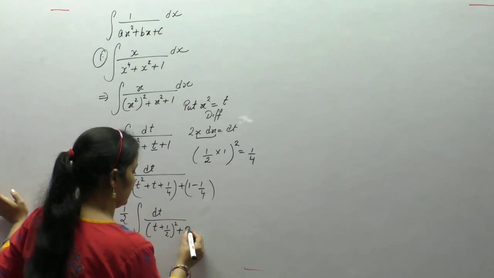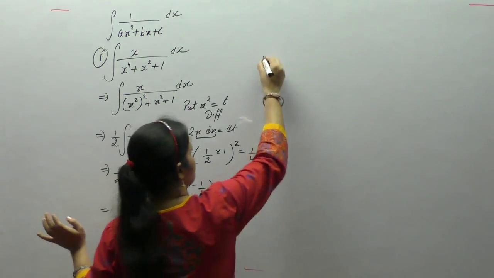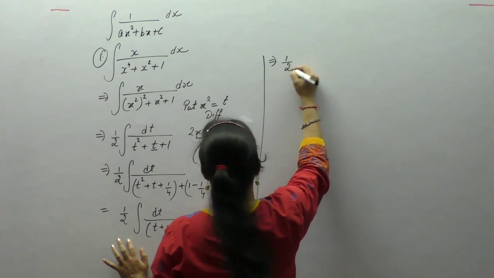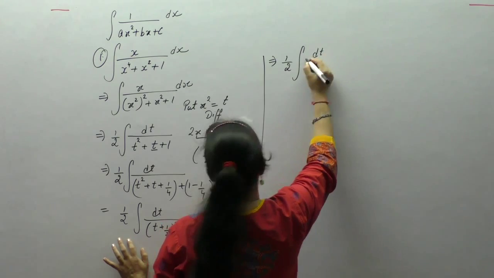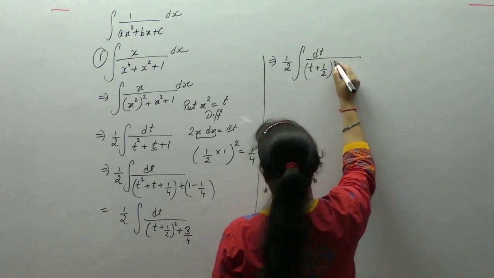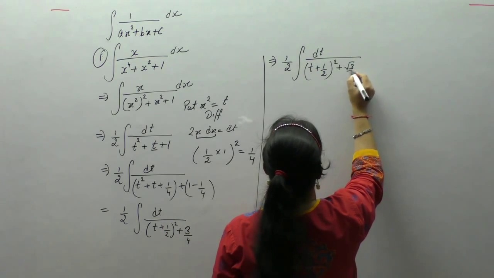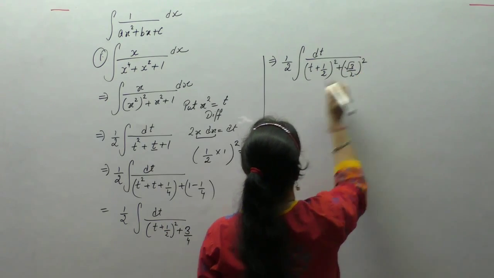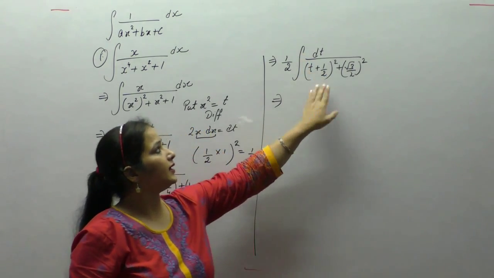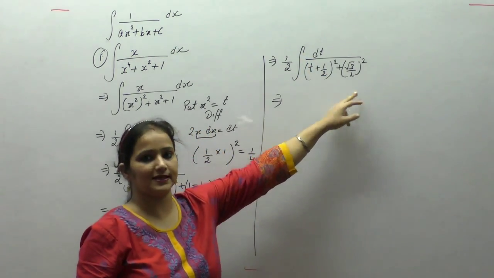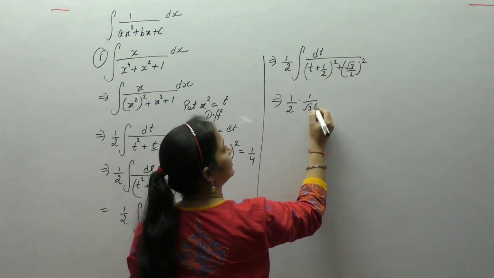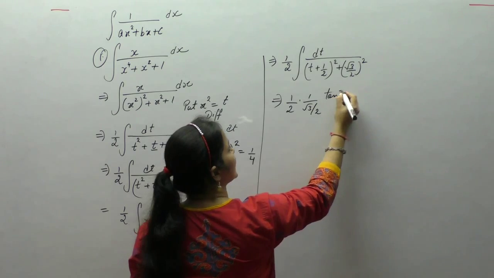3 by 4. We can write 3 by 4 as (square root of 3 upon 2) whole square. So 1 by 2 dt upon (t plus 1 by 2) square plus (square root of 3 upon 2) square. Now we will apply the formula: integral of 1 upon x square plus a square is equal to 1 upon a tan inverse x upon a.